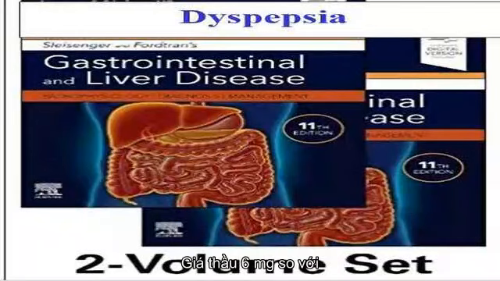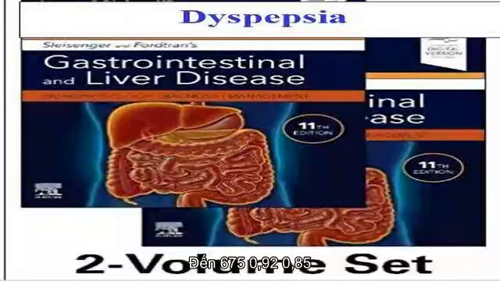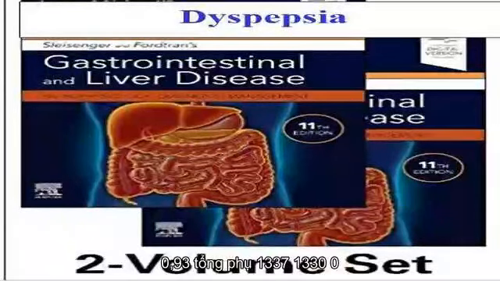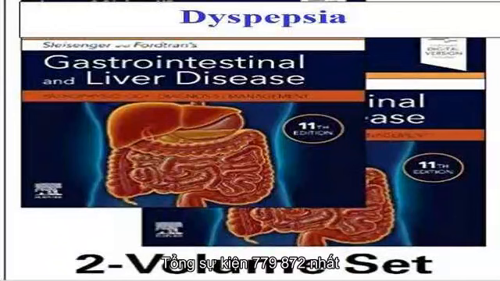Tegaserod 6 mg bid vs placebo. Vakil 2008, 0.92 (0.85-1.00) and 0.85 (0.78-0.93). Subtotal 0.89 (0.82-0.96). Mosapride vs placebo.